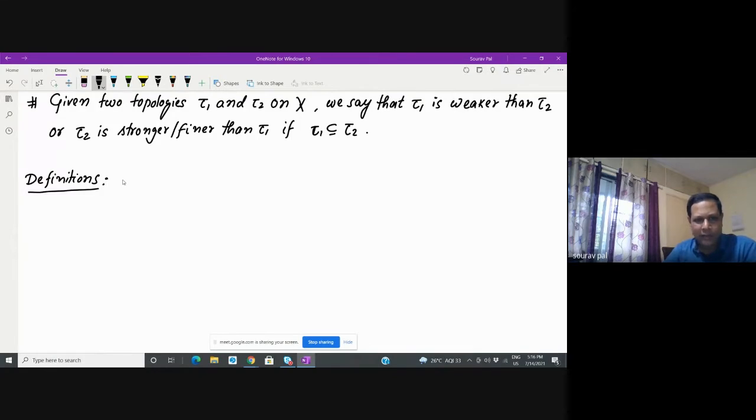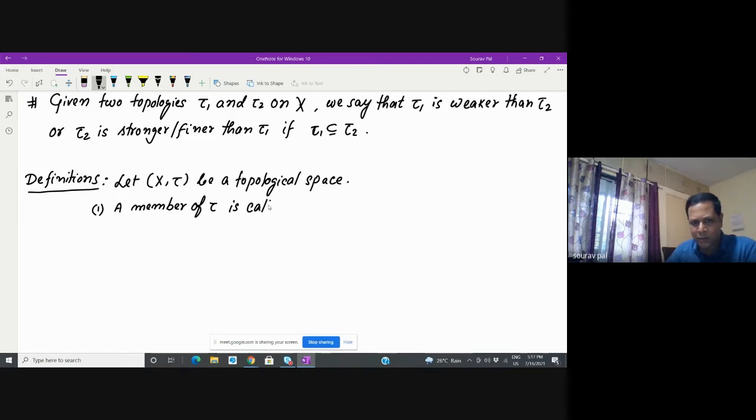If you have a topological space (X, tau), then number one, a member of tau is called an open set. Number two, what is a closed set?